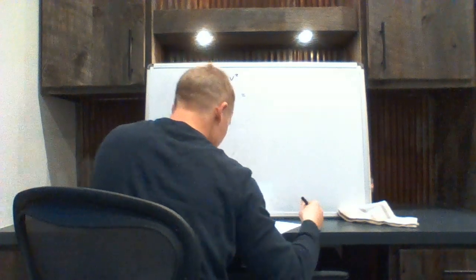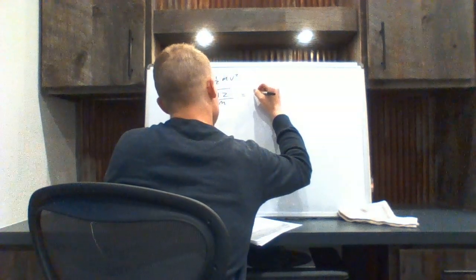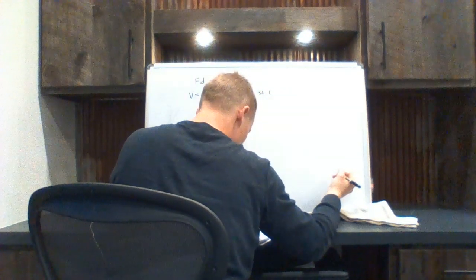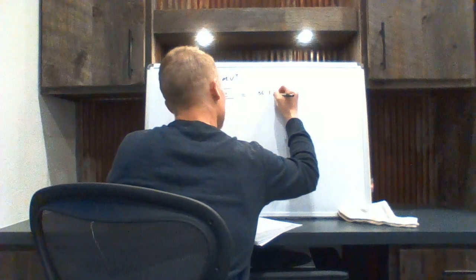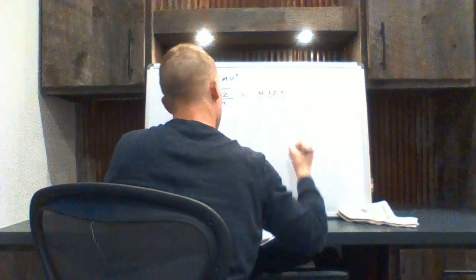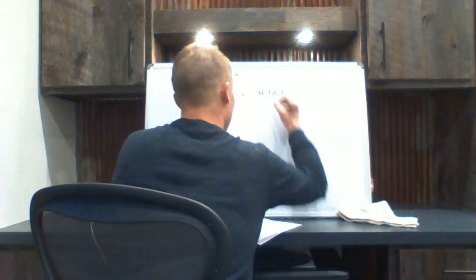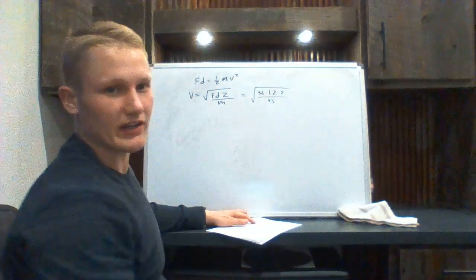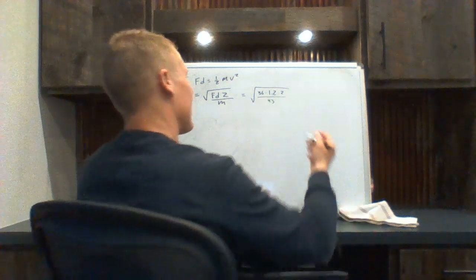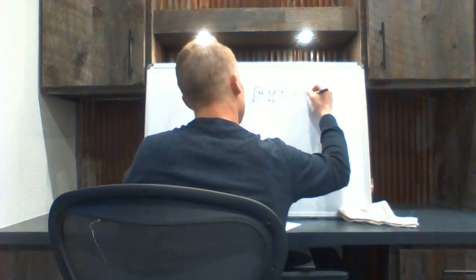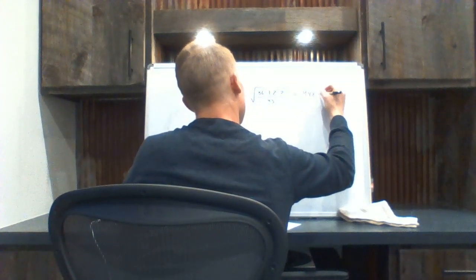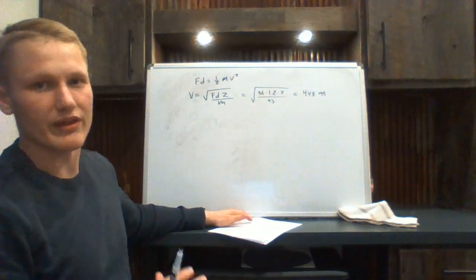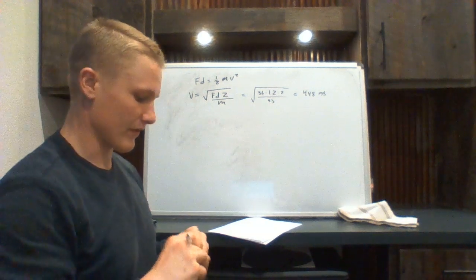Here's a force of 36 times 1.2 times 2 over 4.3. When I plug that into my calculator, I got 4.48 meters per second. So that's our velocity with no friction.